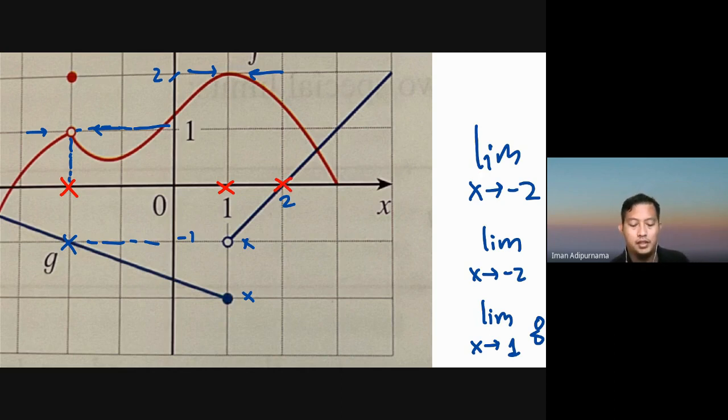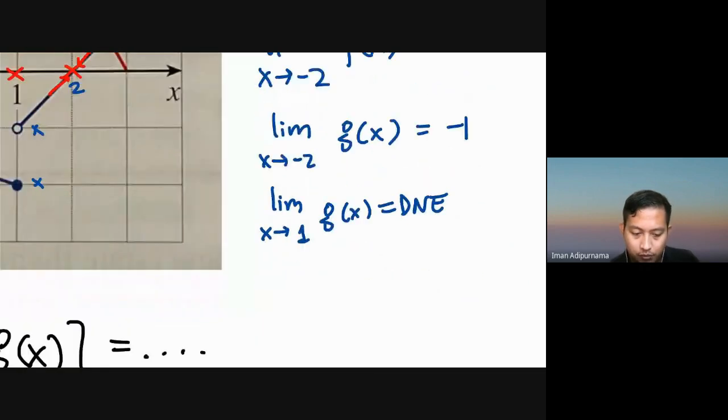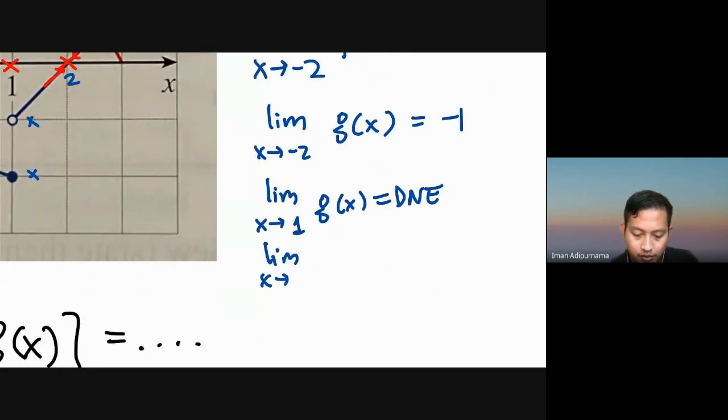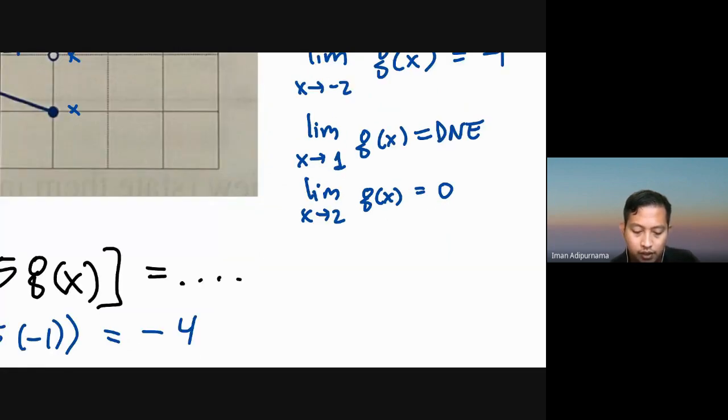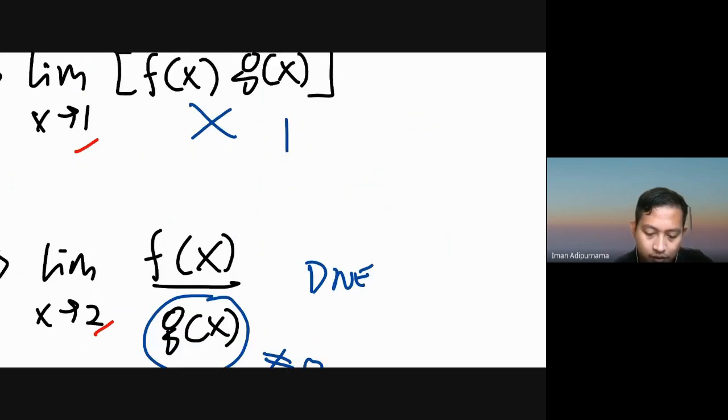The first one is here, not a problem for f. For g there is a problem. The problem is when you approach 2, g of x is 0, and this case should not have been 0, so it also doesn't exist. So this doesn't exist. This also doesn't exist.